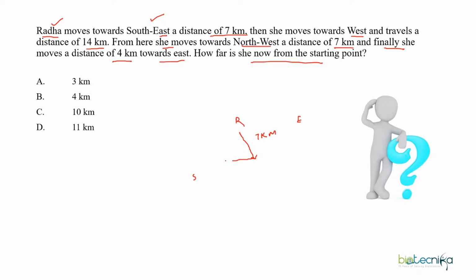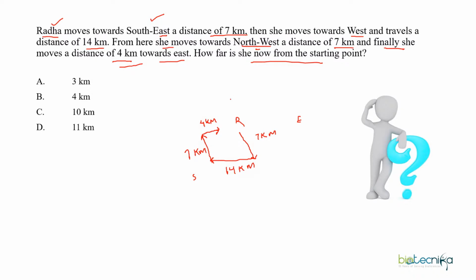So from here she is traveling west 14 kilometer. From here, she moves towards northwest and travels a distance of 7 kilometers. Where will northwest be from here? Slanting this way, so she is traveling 7 kilometers from here. And finally she moves a distance of 4 kilometer towards east. So from here she is going east 4 kilometer.